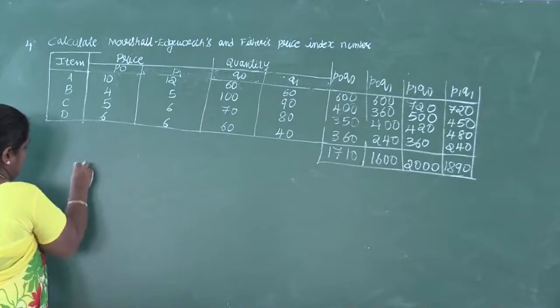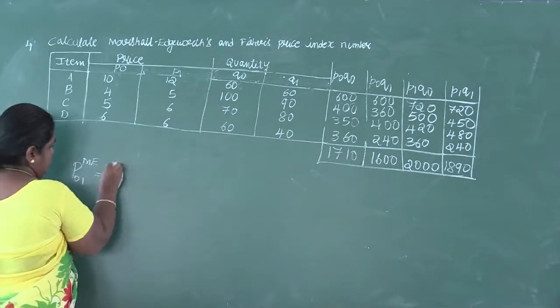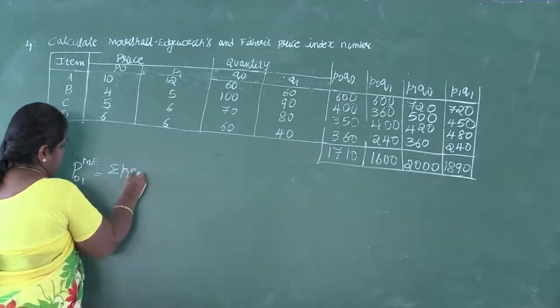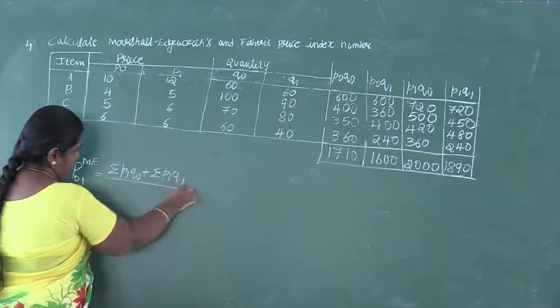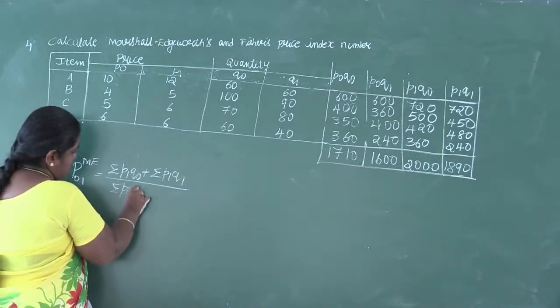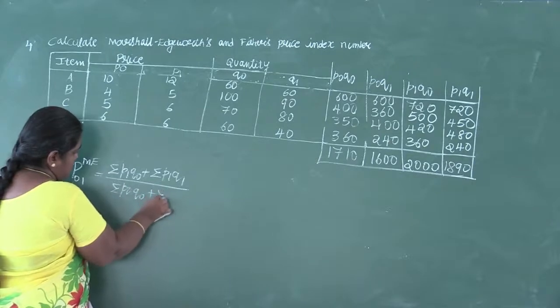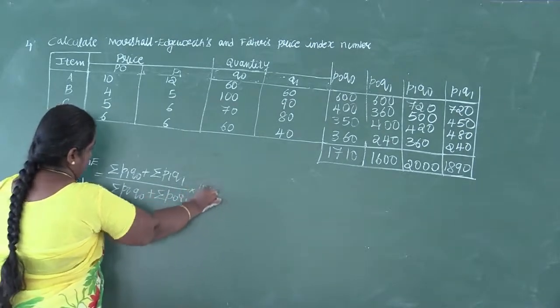So what is the Marshall-Edgeworth formula? P01ME equals sigma P1 Q0 plus sigma P1 Q1 divided by sigma P0 Q0 plus sigma P0 Q1 into 100.